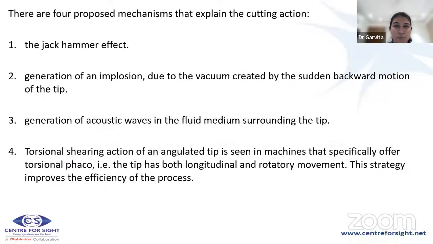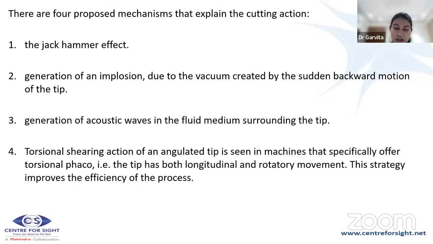So there are 4 proposed mechanisms that explain the cutting action of a Phaco probe. The jackhammer effect. Every time the Phaco probe hits the nuclear fragments physically, that causes a jackhammer effect. Second, by creation of an implosion. As the tip moves backward, it creates a vacuum and leads to an implosion. Third, generation of acoustic waves in the fluid medium surrounding the tip.